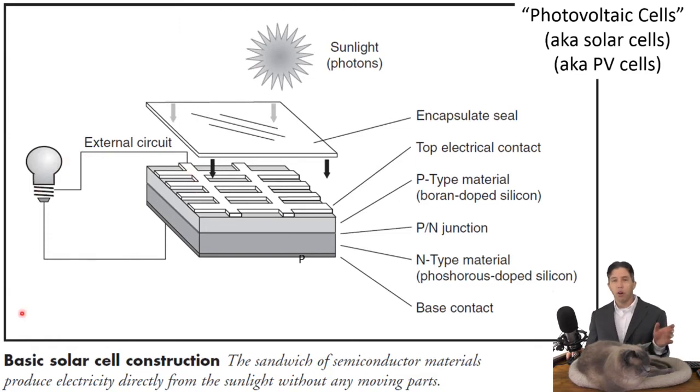So before, we took a magnet and we moved it next to a conductor, and that made the electrons move. Here, with these 3 layers of semiconductors hit with photons of light, electrons will try to move through this circuit. That's all we really need to know here.